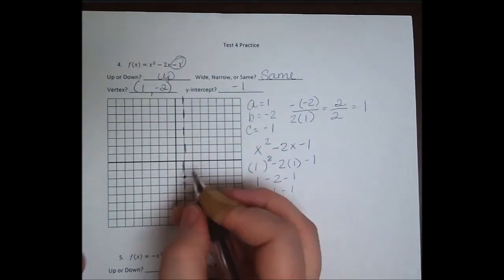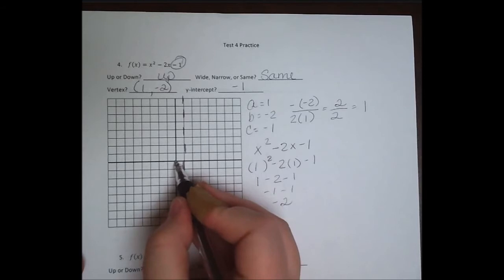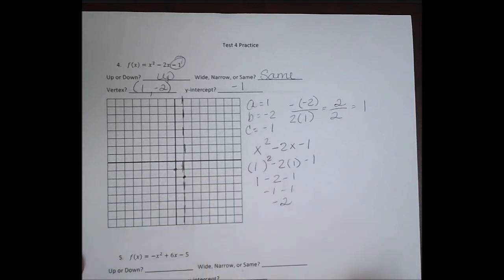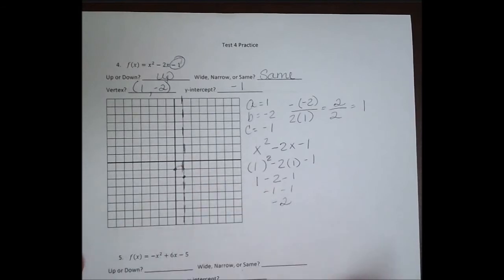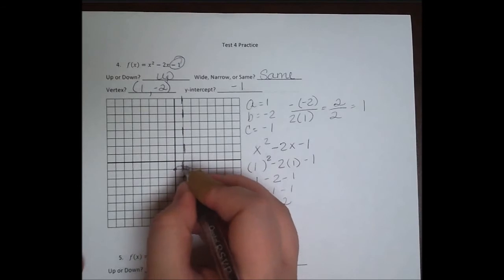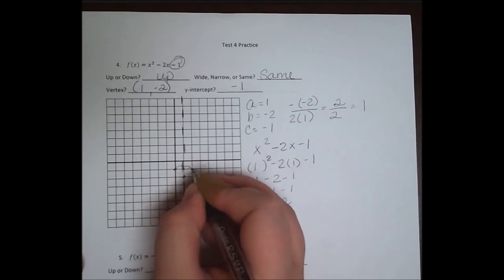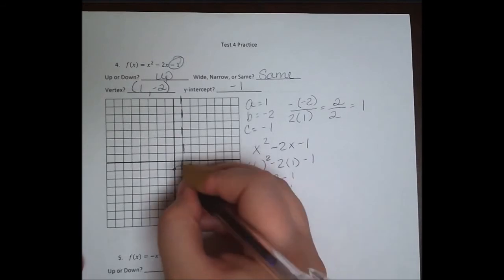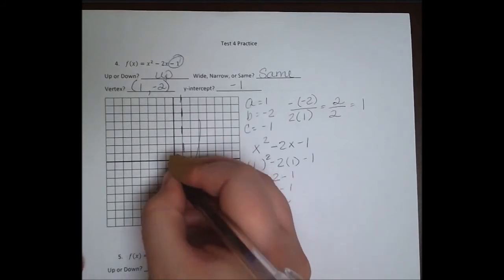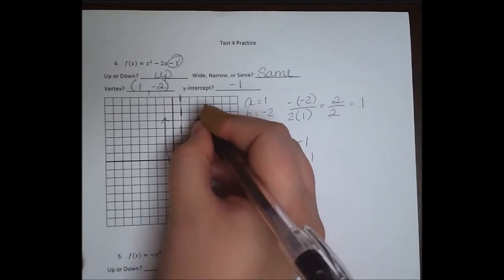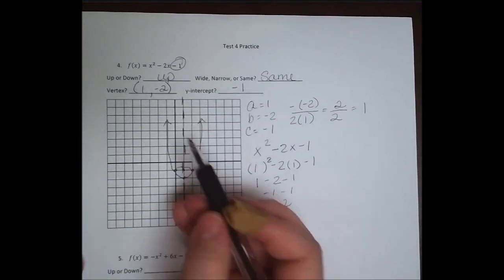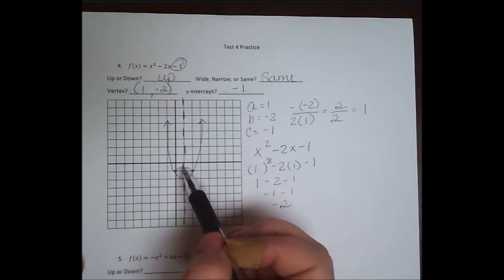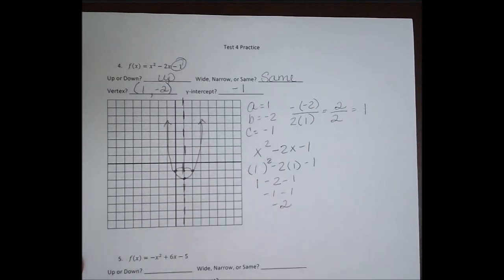Your y-intercept is at negative 1, so you start at your origin, you would go down 1, and we would count. There's one space to our axis of symmetry, so it's one more space to get to our third point. Okay, now we curve it to connect them, and then you draw your arrows at the end. Make sure that your graph is facing upward, and then we're good on problem number 4.